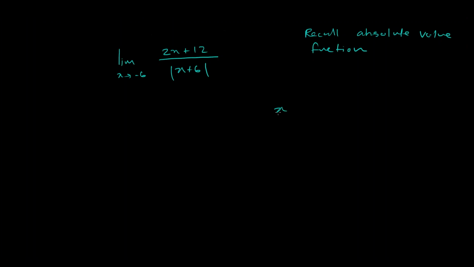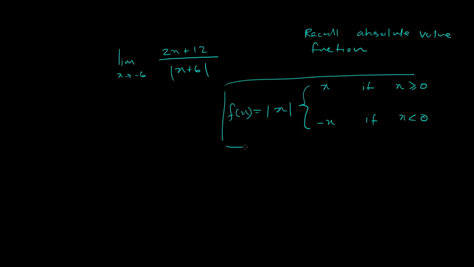It is defined as f of x is equal to the absolute value of x, which is equal to x if x is greater than or equal to 0, and it is equal to minus x if x is less than 0. So this is what the absolute value function means. Okay, let's keep this aside.